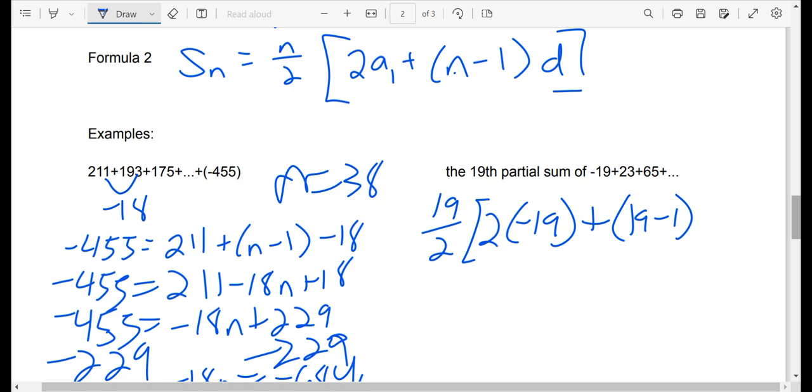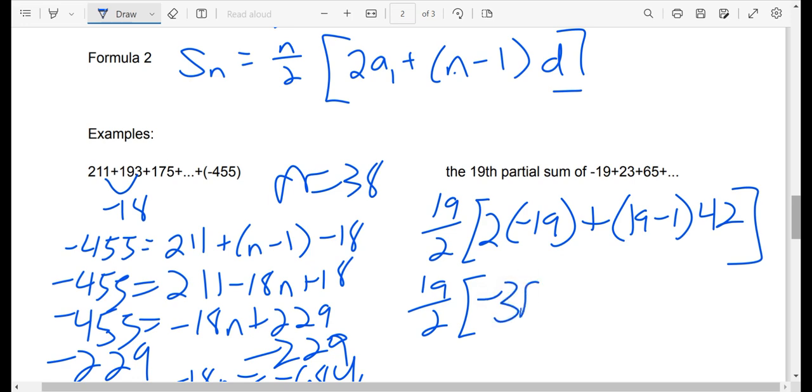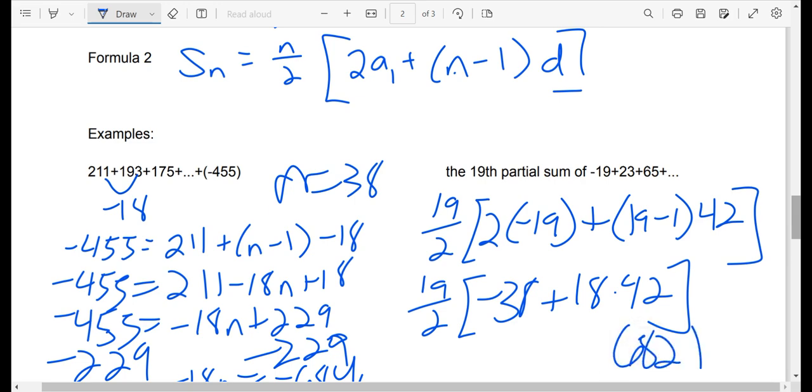Oh, you're going to be adding 42 each time. And that's going to give us 19 over 2, bracket negative 38, plus 18 times 42. And when you add that all together, you're going to get 6,820. And that's, of course, after you multiply by 19 over 2.